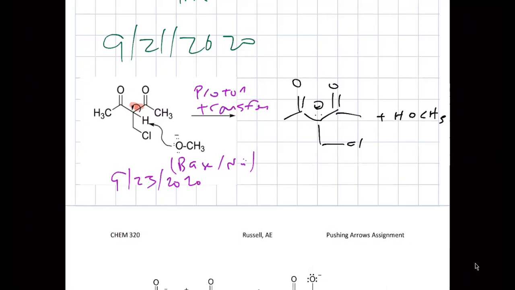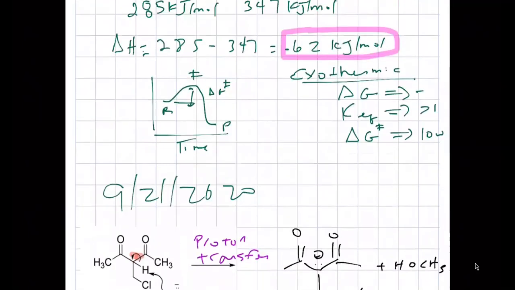What did we break? We broke a CH bond, didn't we? Yes. And then we made an OH bond. Is that right? Yes. So then let's look at the chart, see what we got.